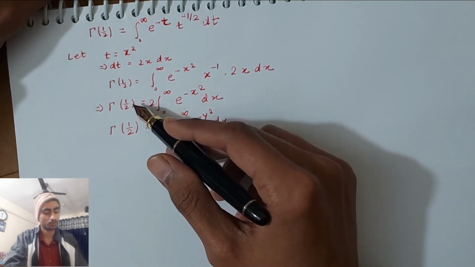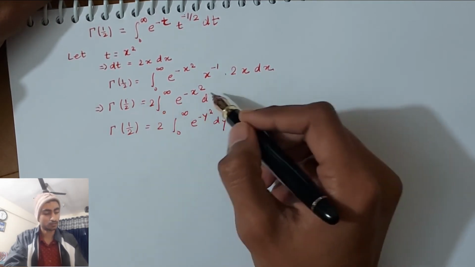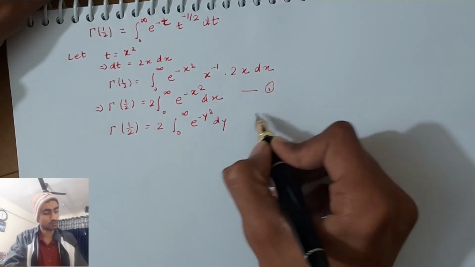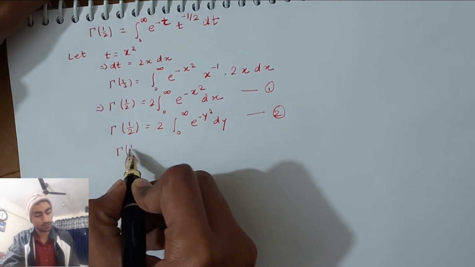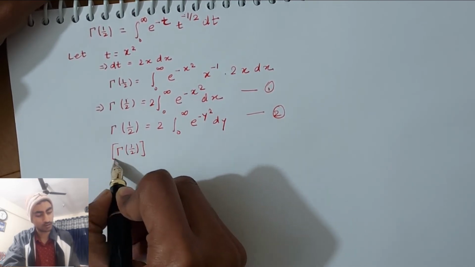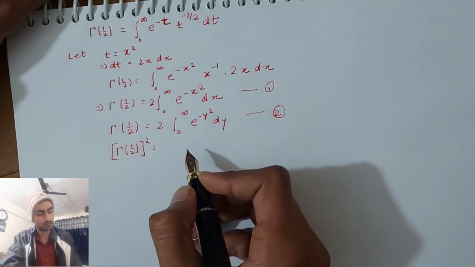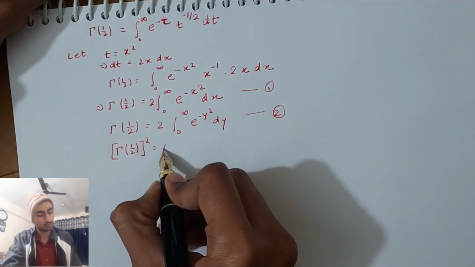So for the surface integral, we'll just multiply these two equations, and we will get gamma of 1/2 squared on the left hand side. 2 times 2 is 4.